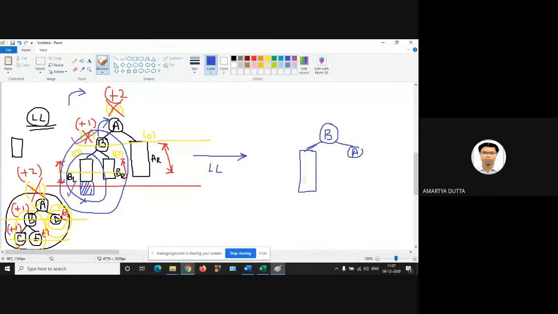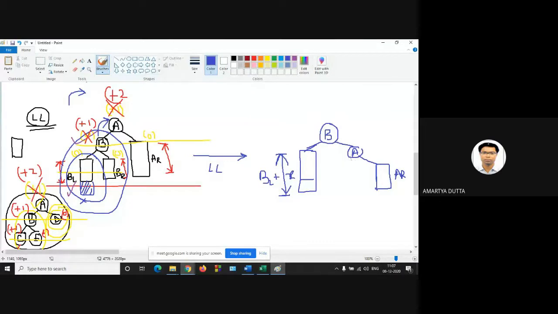Is it clear? So this is your BL plus X, and this is your AR.